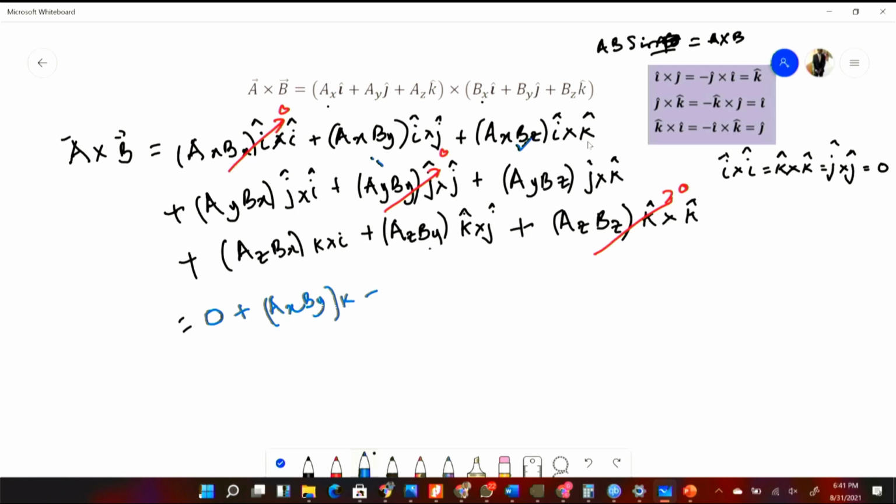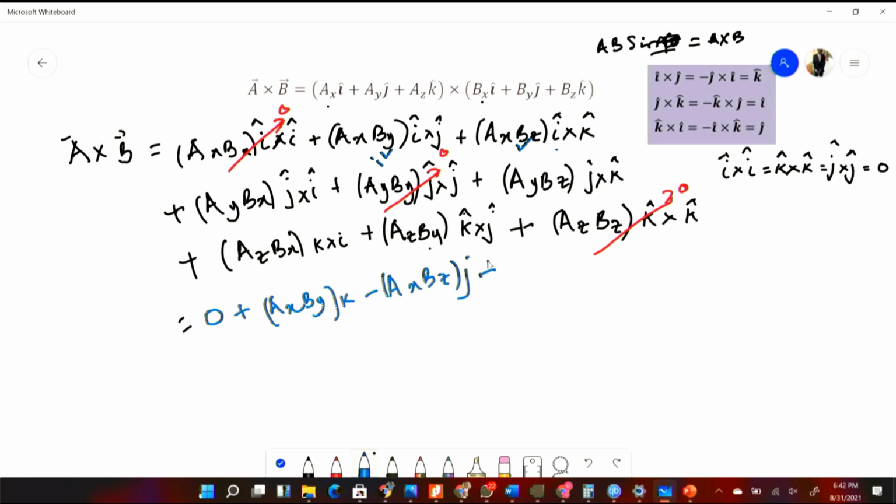K cross I is J. So therefore this becomes AX BZ, then we have J. Let me explain again. We have our AX BZ, but our I cross K is equal to minus J, because this is what we have. So this becomes minus J. So we are done with these two. Let's move on to the fourth term.